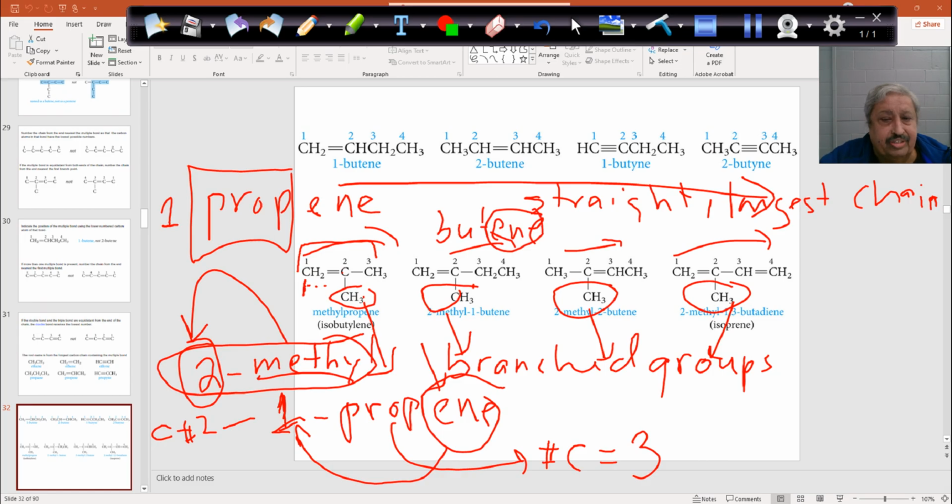And where is it attached? Number 1. 1-butene, correct? And the methyl group is on number 2. So it will be 2-methyl-1-butene.